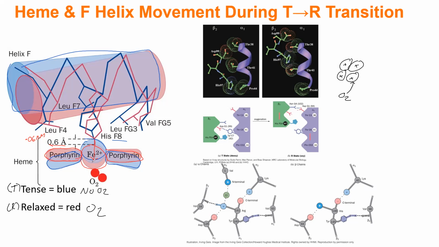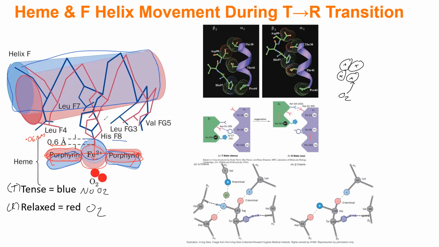When that iron moves down, the porphyrin ring also shifts up. And now the iron molecule is perfectly in line with your porphyrin ring. They're all in the same plane. Now, with the iron moving down, this histidine that is interacting with that iron also gets pulled down by roughly 0.6 angstroms.